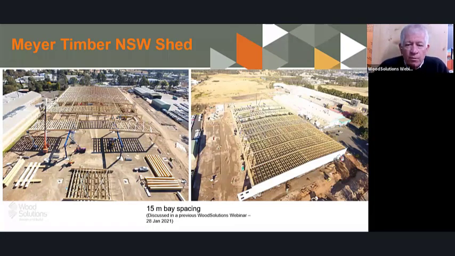Why are the timber portal columns and rafters smaller for the 10-metre bay compared to the 6.7-metre bay? There are different properties. An LVL 16 was used for the 10-metre bay one, which obviously has a higher MOE value, and that was able to get around the difference in material.